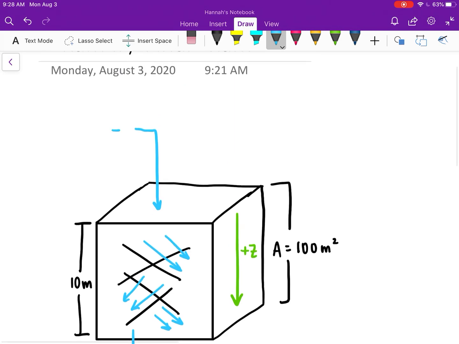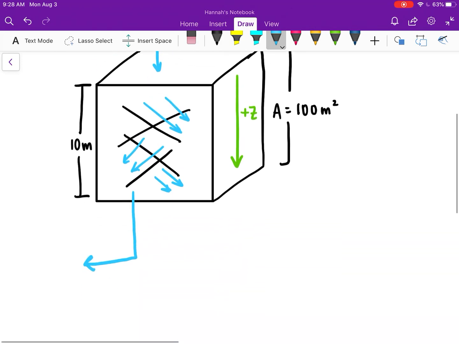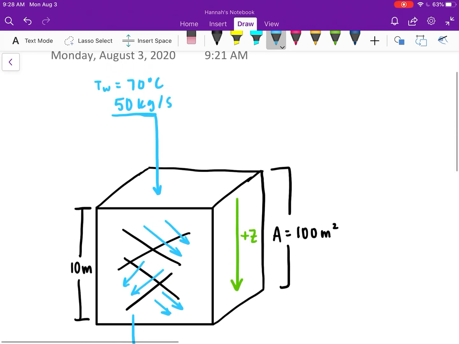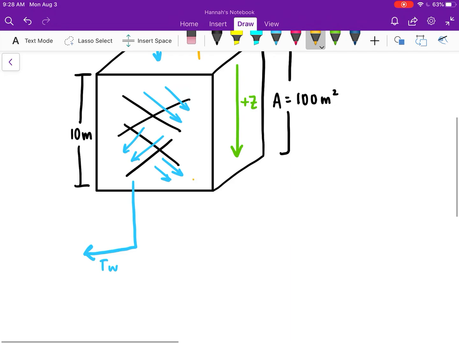And we know from the problem statement that the temperature of the water comes in at 70 degrees Celsius, and it comes in at a mass flow rate of 50 kilograms per second. And we do not know the temperature at which the water comes out or the flow rate at which it comes out. The other thing is we know the air comes in through the bottom and comes out the top.